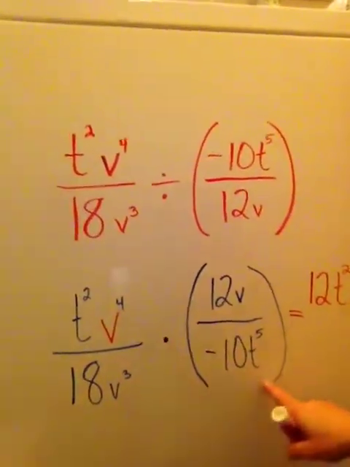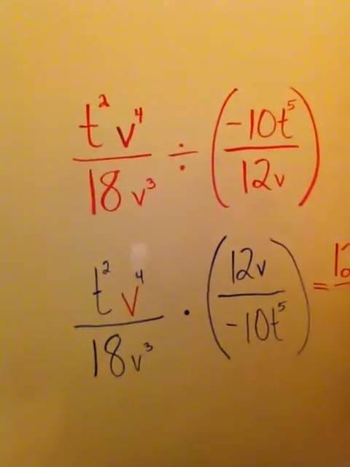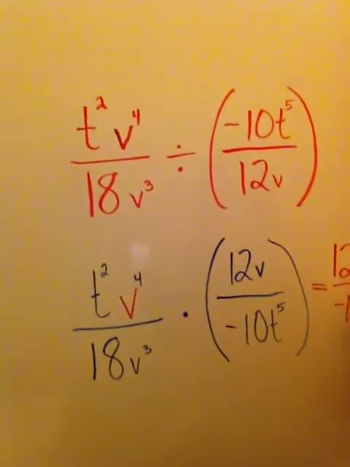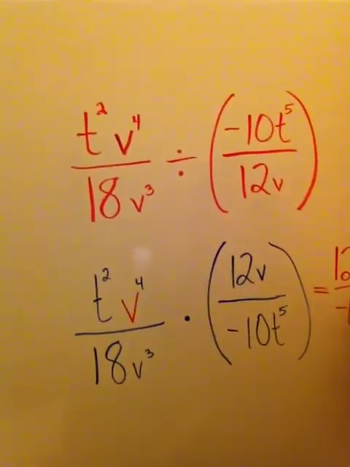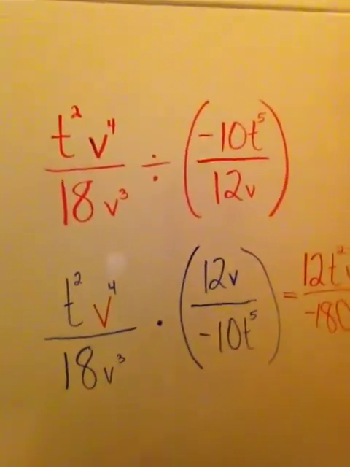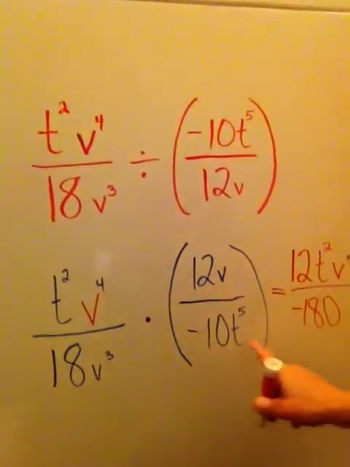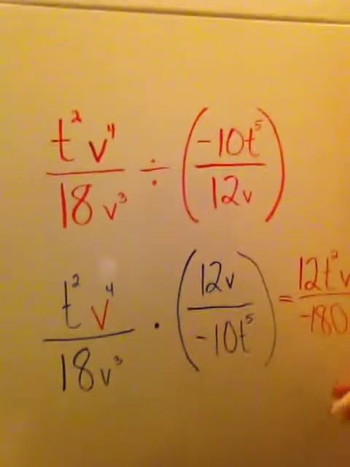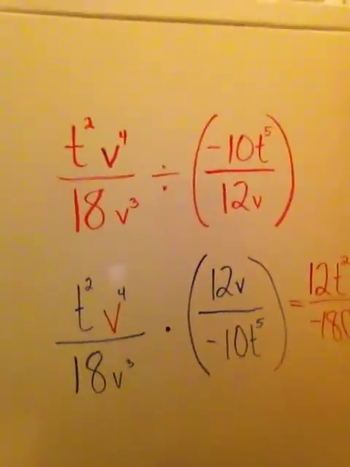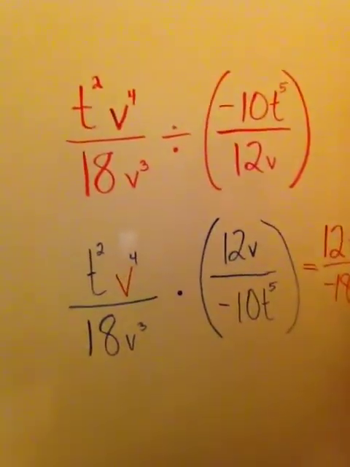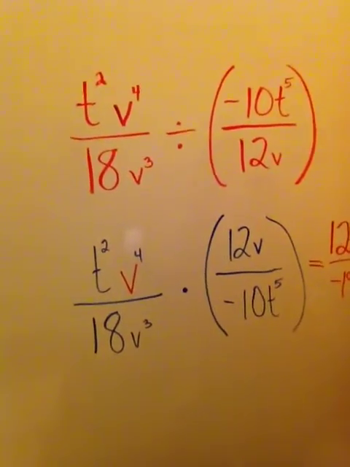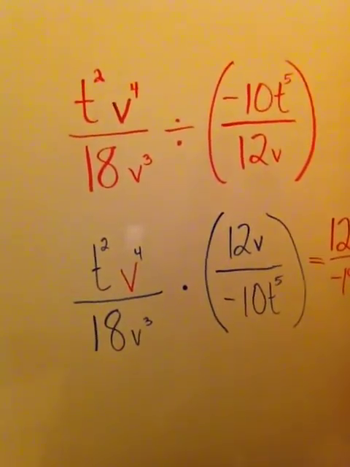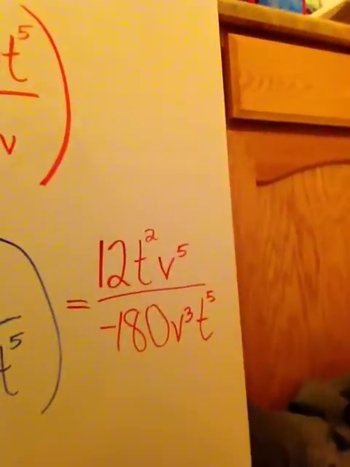And down here, I have negative 180 when I do the negative 10 times 18. And I don't have any variables multiplying by each other from one fraction to the other, so it's not increasing my variables. So it's just going to be v to the 3rd times t to the 5th. And now you do the same as we did before.